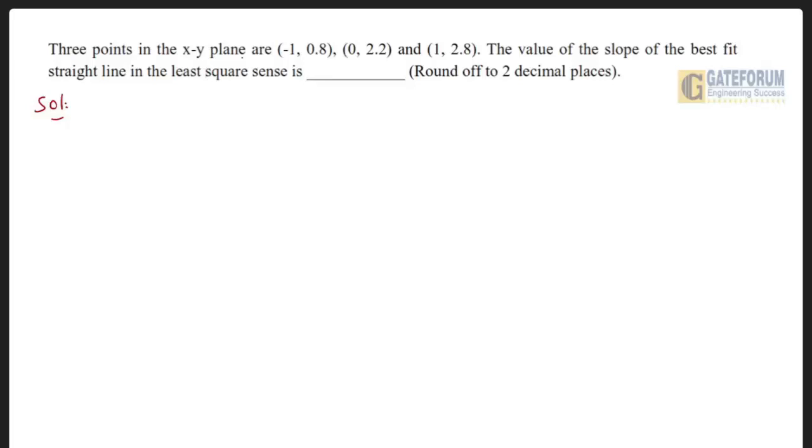So first of all, the given data. This is first x1, y1, x2, y2, x3, y3. X versus y, which I want to put in two boxes. This is the data. Okay.